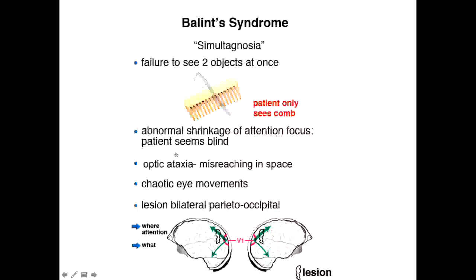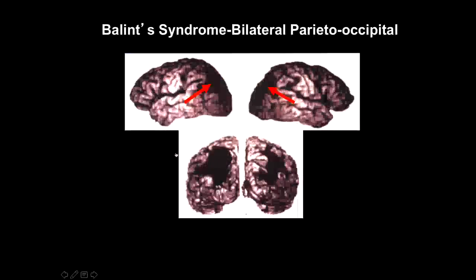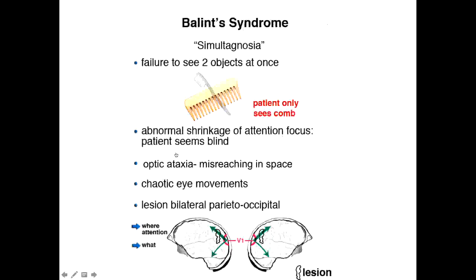They can't get the trajectory of where to put their arm. Again, the lesions are always bilateral, always in the parietal occipital area, and you have damage in both pathways, and that's my little squiggle of a lesion.